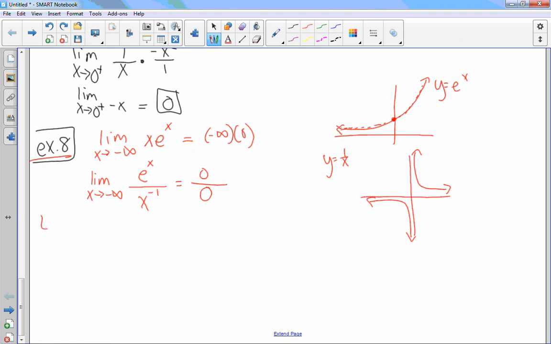Okay, so L'Hopital's rule. So that's the derivative of the numerator and the derivative of the denominator. Negative x. Yeah, that's better. I'll let you keep going from there. Keep working until you find the limit.